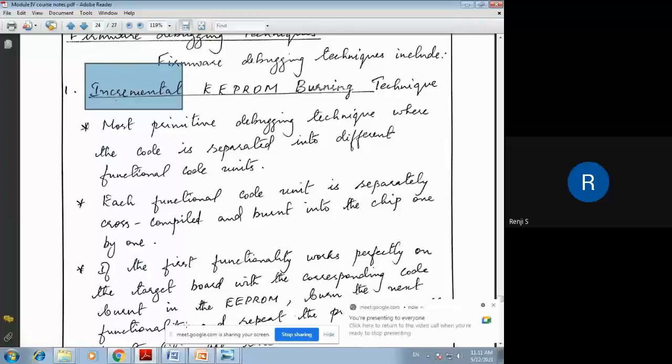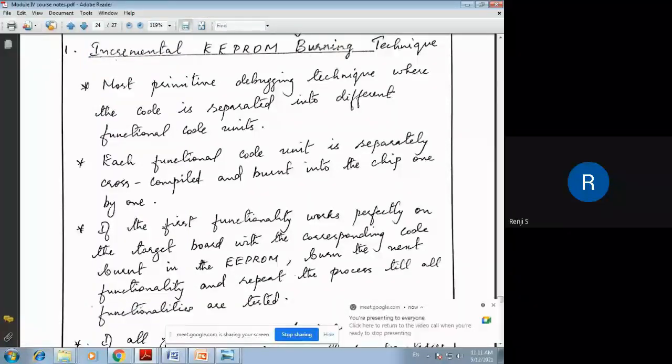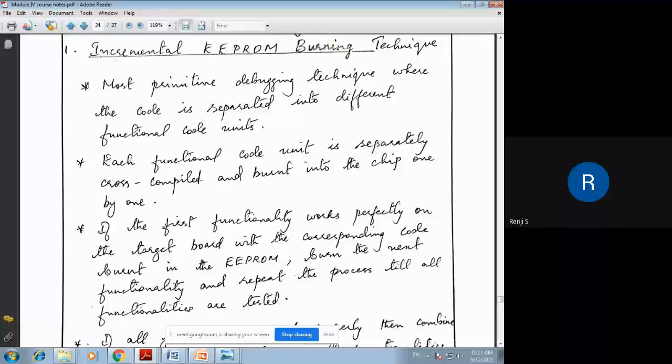The first technique for debugging firmware is the incremental EEPROM burning technique, and it is the most primitive debugging technique, where the code is separated into different functional units. The firmware to be tested is separated into several blocks of code, or functional code units, and each functional code unit is separately cross-compiled and burned into the chip, that is, the EEPROM, one by one.